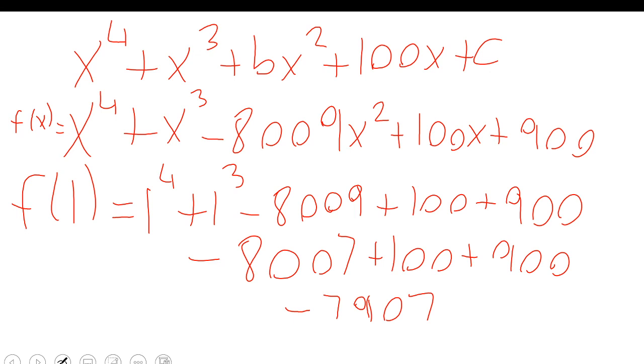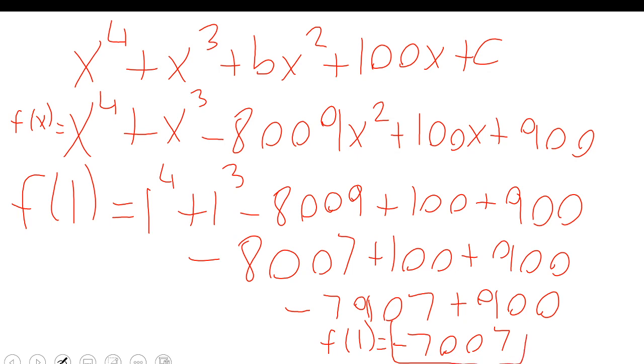Yeah, negative 7907, and then I add on the 900. And this is basically saying 7907 minus 900, and then you put a negative sign. So you get 7007. So we get negative 7007, which is f of 1, which is our answer.